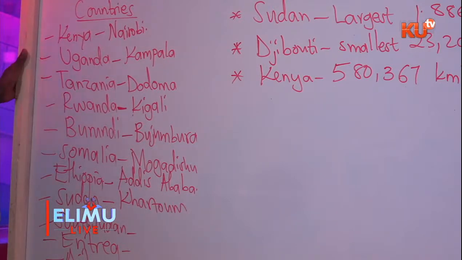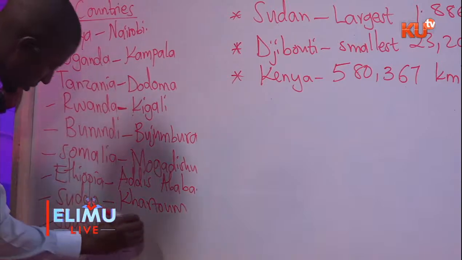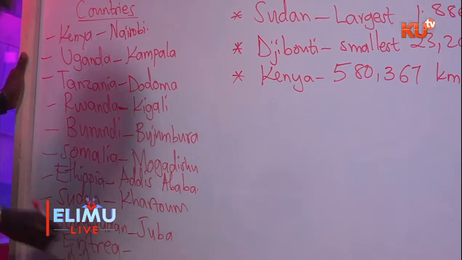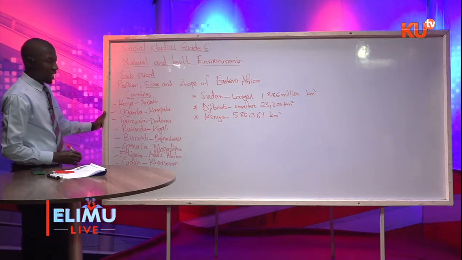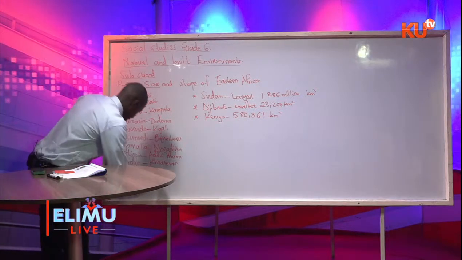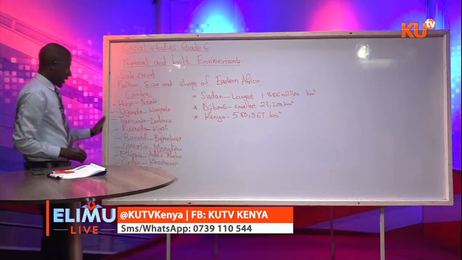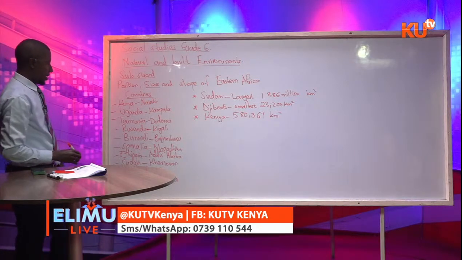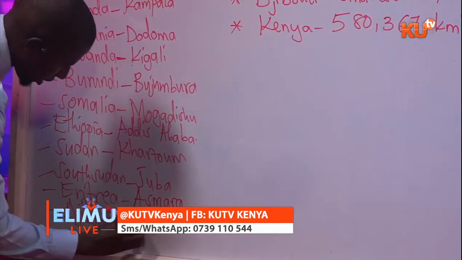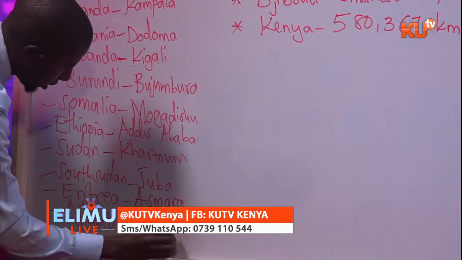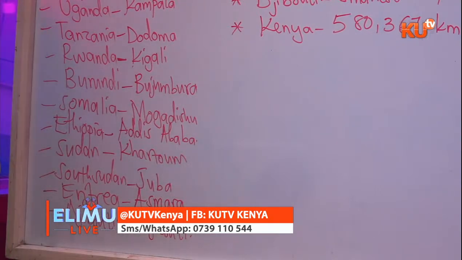Then the capital city of South Sudan is Juba. The capital city of Eritrea, my dear students, is Asmara. And the capital city of Djibouti is Djibouti. So the capital of Djibouti is just called Djibouti, just like the country. Those are the capital cities of the countries, the 11 countries that make up the East African region.